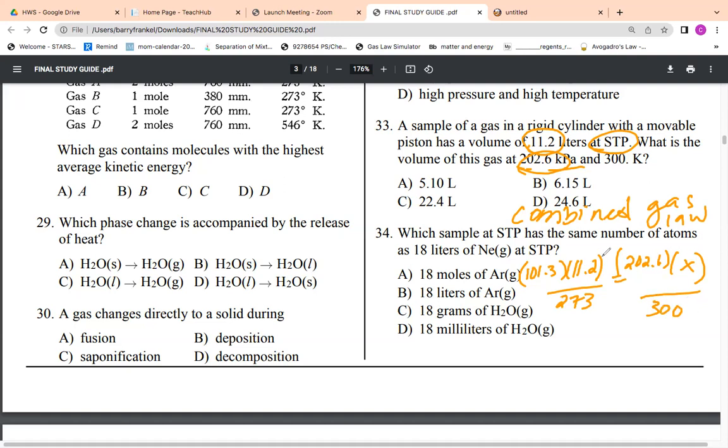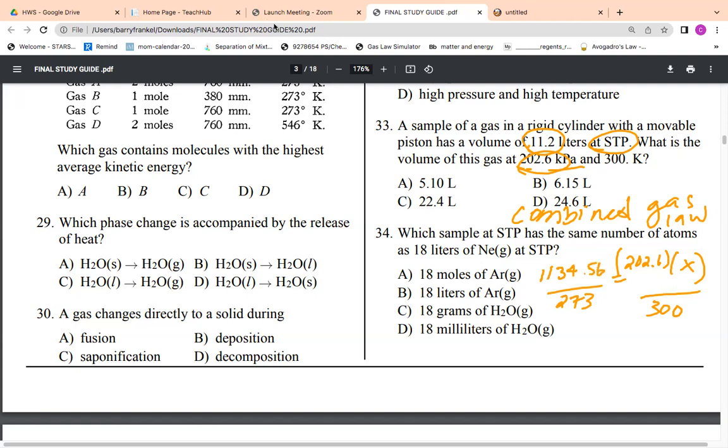So what we're going to do is simplify the top. I'm going to do 101.3 times 11.2. And again, you can pause this video, do it yourself, and then check back and see if you got it right. When I multiply this, I got 1,134.56.